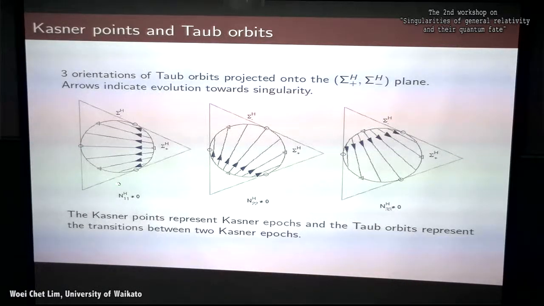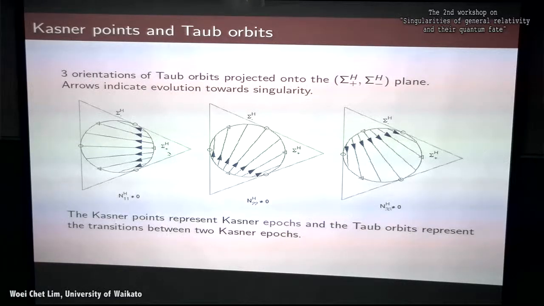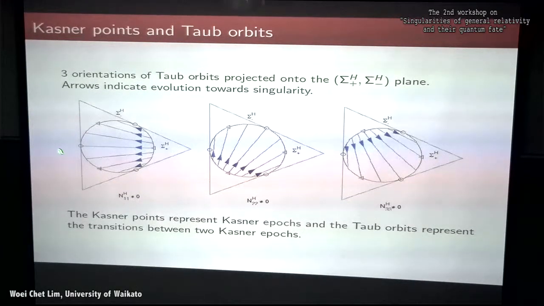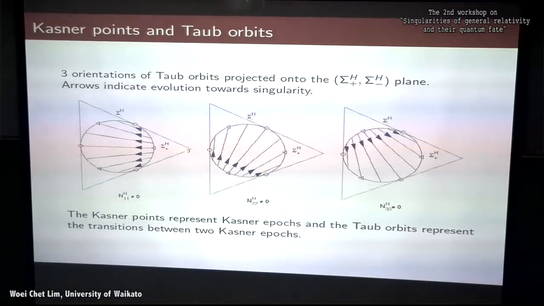So these are three orientations of the Taub or Bianchi II orbits projected in the sigma plus, sigma minus plane. So this picture corresponds to N_11 non-zero, and this corresponds to N_22 non-zero, and this corresponds to N_33 non-zero. I draw this triangle to help you visualize how these orbits, they look like they are emanating from this corner of this triangle. Okay, it's very easy to draw these orbits.